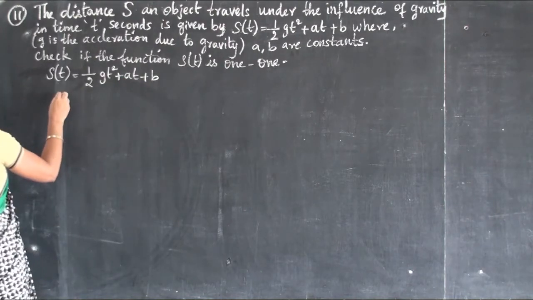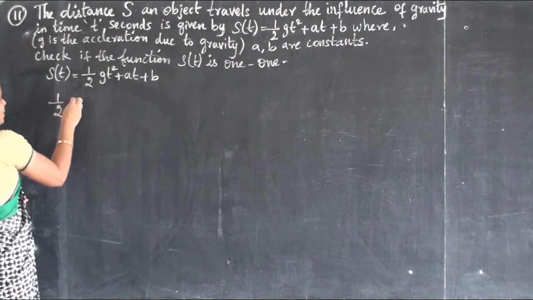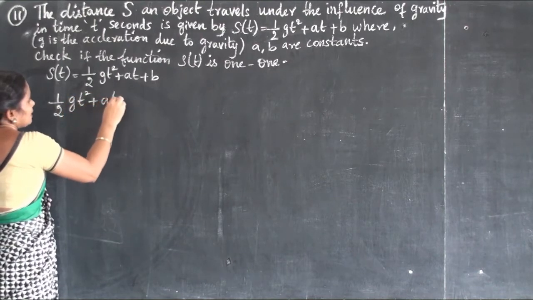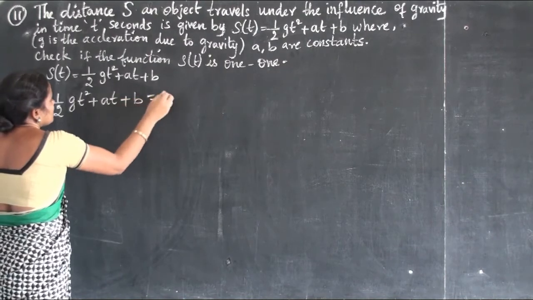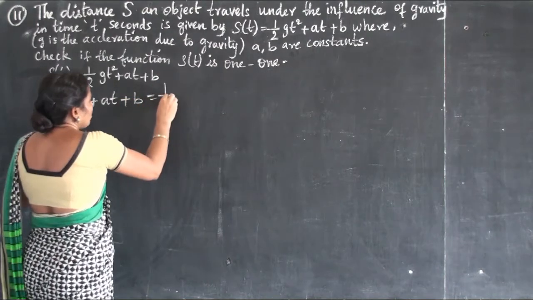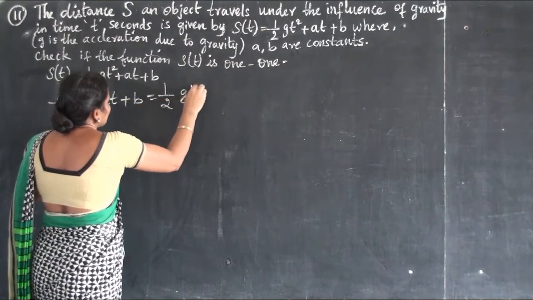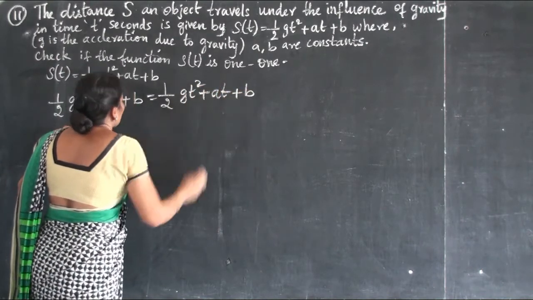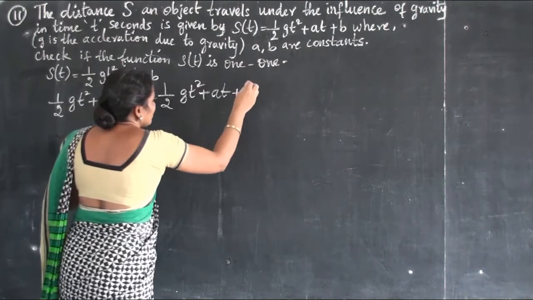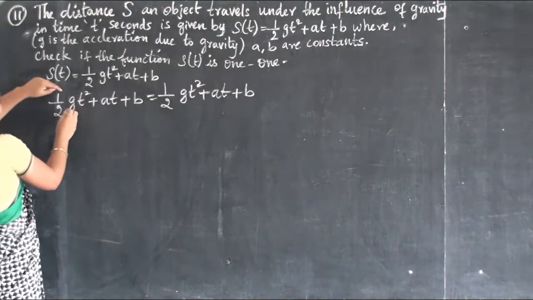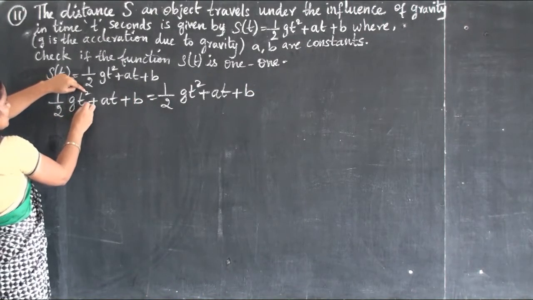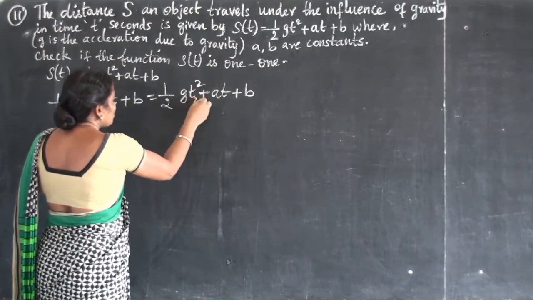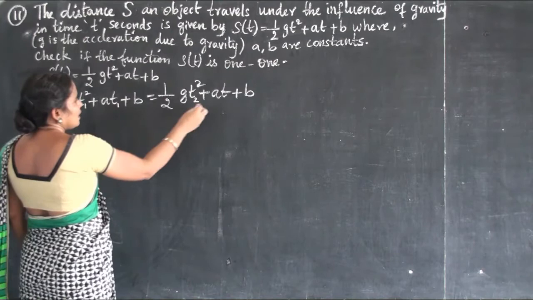Taking both the sides, 1 by 2 g t square plus at plus b is equal to 1 by 2 g t square plus at plus b. Here taking t square, this one as t1 and here as t2, again as 1 and 2.